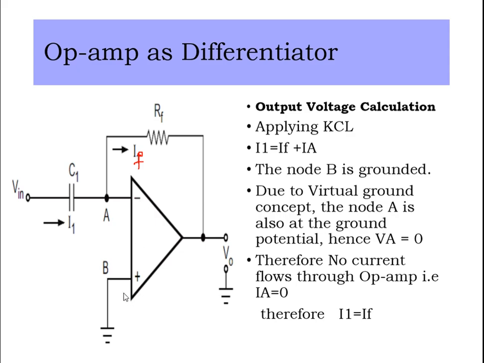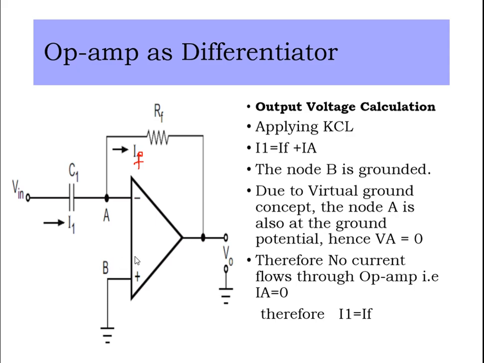We already know that node B, the non-inverting terminal of the op-amp, is connected to ground. Therefore the potential available at node B is equal to 0. To make calculation and analysis easy, we will use the virtual ground concept.